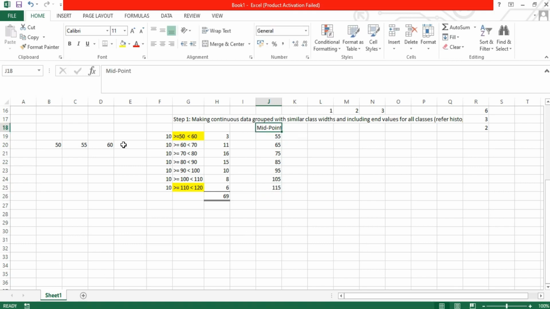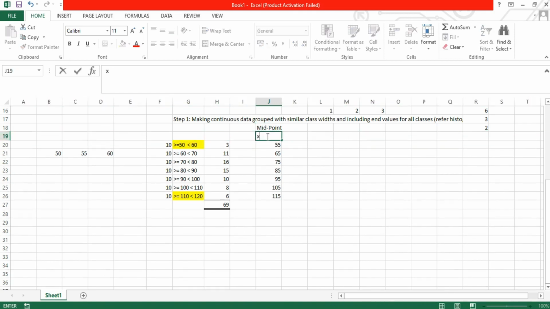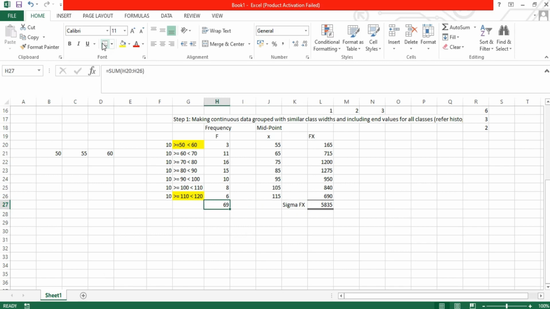Now this is the midpoint, we call it X, and the frequency we call it F. That's the way we do it. Then the Fx value will be frequency multiplied by midpoint. Get the total, and now get the summation or sigma Fx. And then what is sigma F?